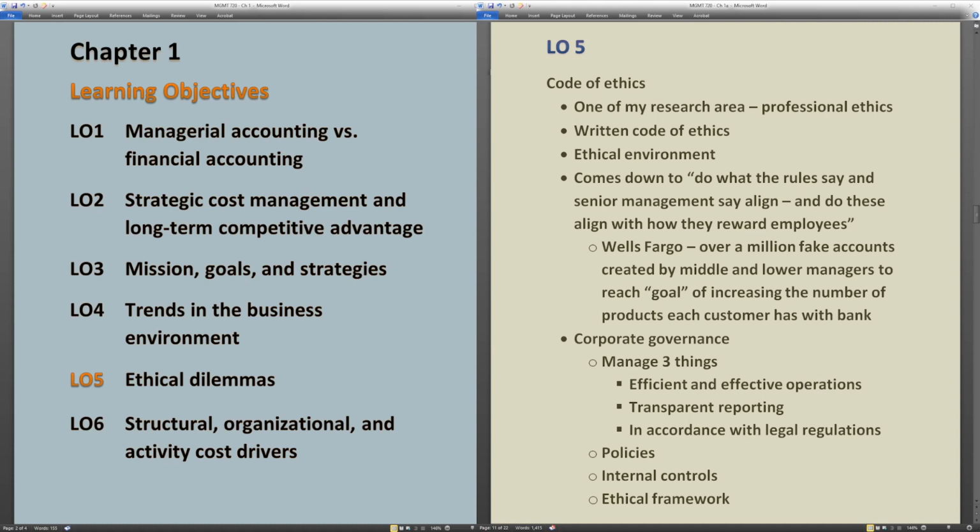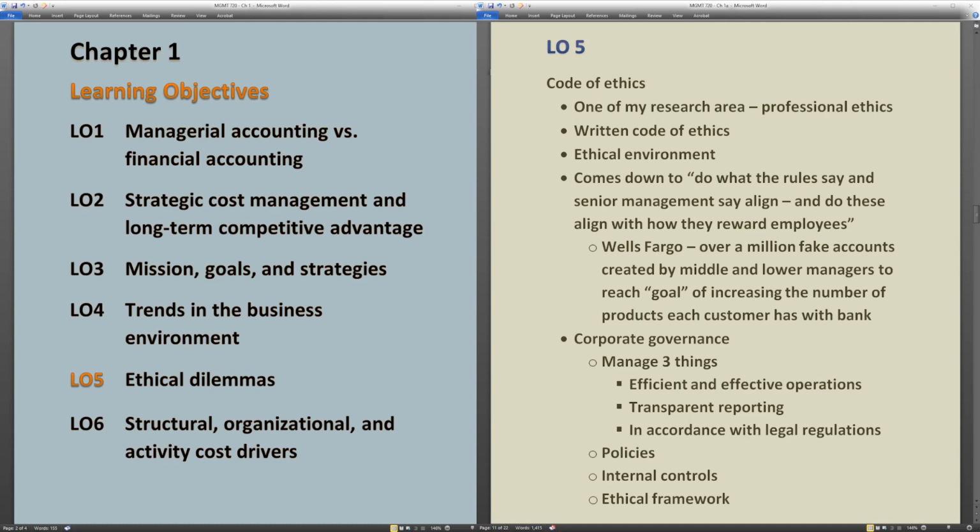So a lot of times they're only thinking about a written code of ethics. But in fact, I have found in my research that it's not only just written down what is the right and wrong thing to do, but there needs to be sort of a word of mouth and an ethical environment. And what I found is that in order to have an ethical workplace, it comes down to, first of all, do what the rules say in the code of ethics and what senior management say.